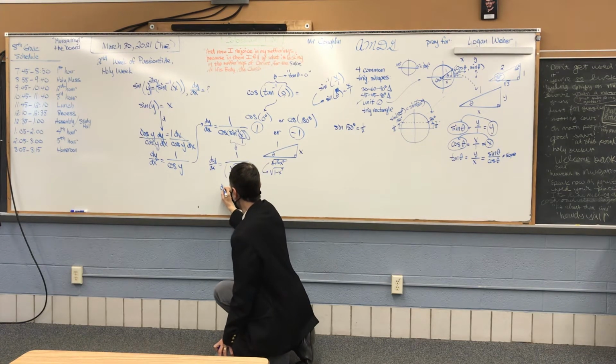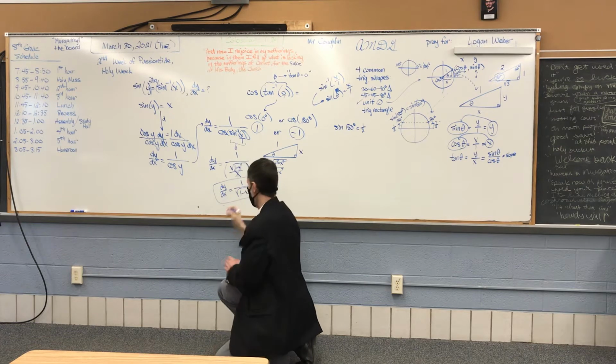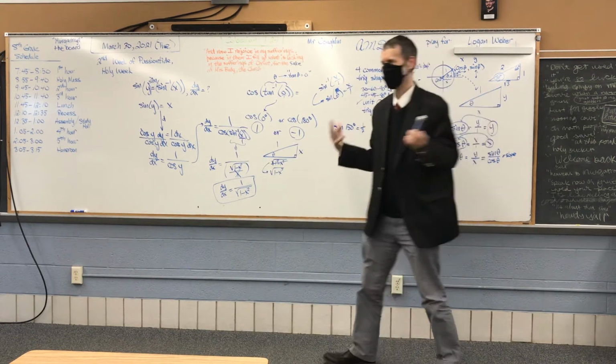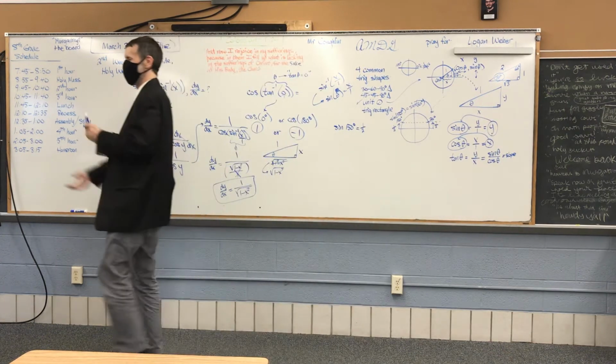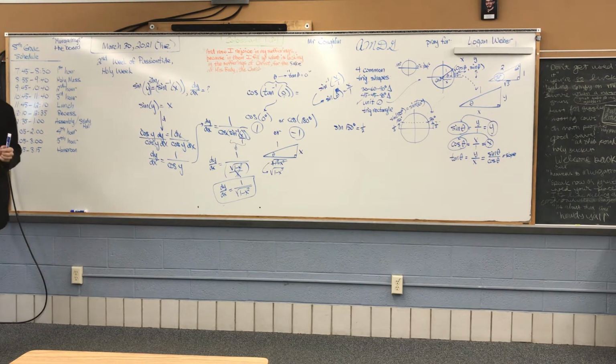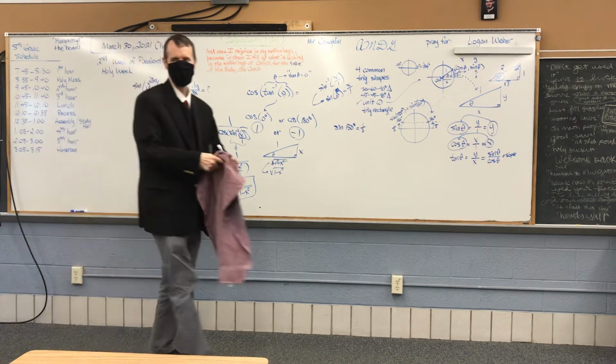What's your final answer? 1 over radical 1 minus x squared. And in calculus, you can leave the radical in the basement. And you're done. That's a very weird but interesting formula. The derivative of inverse sine has no trig functions at all. It's 1 over radical 1 minus x squared, and that's it.